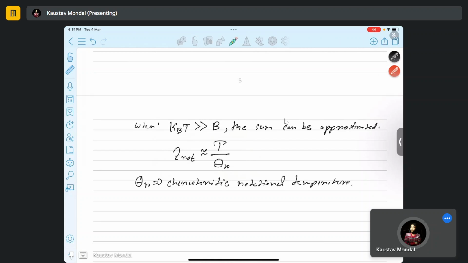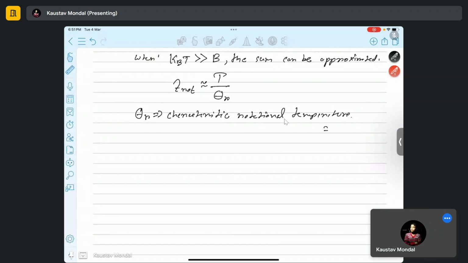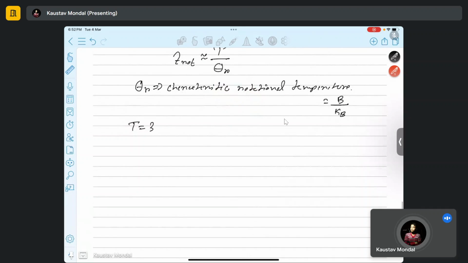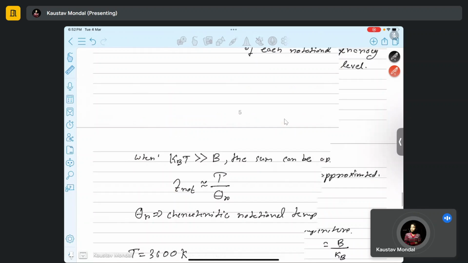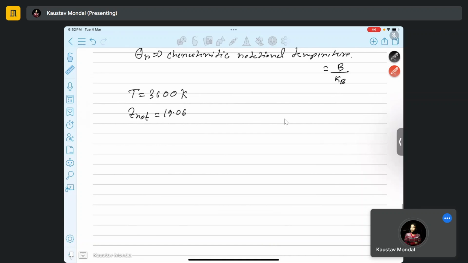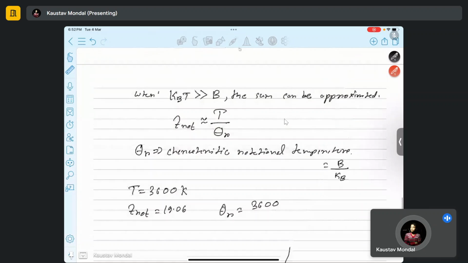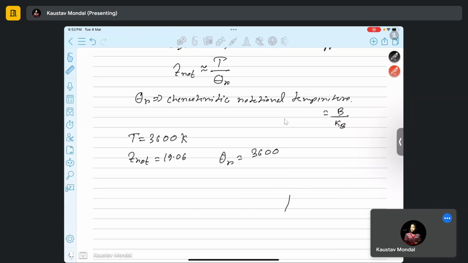And another expression, theta is equal to B by kB. B is this rotational constant. So let's just calculate. T is already known, T is 3600 Kelvin and Z rot value is 19.06.